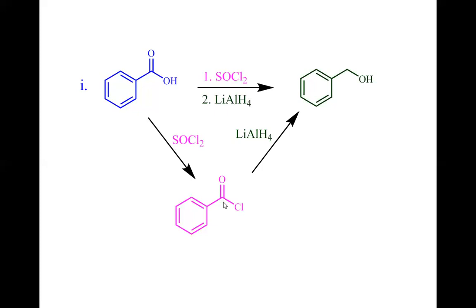If we needed the aldehyde from the acid chloride, we would use the toned-down version of lithium aluminum hydride, that is called tri-tert-butoxy aluminum hydride. Or we simply could have used DIBAL to have the aldehyde.